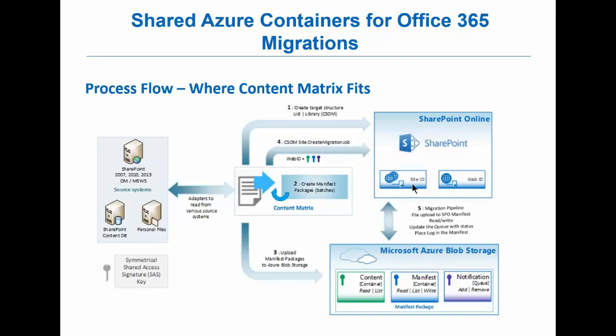After step 4, as you can see, all the communication happens between SharePoint and Azure, and live updates will be written to the queues. So what Content Matrix does is it keeps reading from the queue, and it keeps checking for the status of the migration based off what is written to the queue.